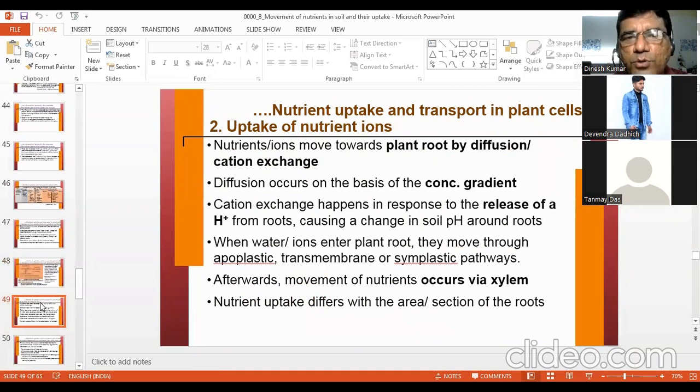Now we go to the uptake of ions. Uptake of ions, as you know, is by three different means: contact exchange, diffusion, and mass flow. This classification suggests that contact exchange and diffusion are a kind of passive entry, and mass flow is active entry.